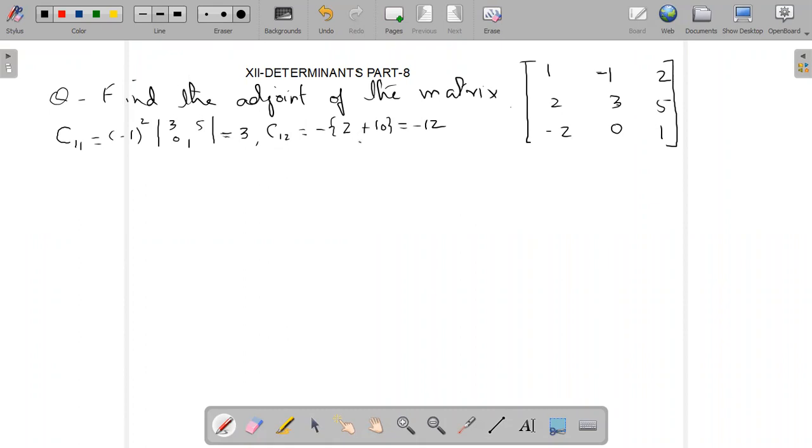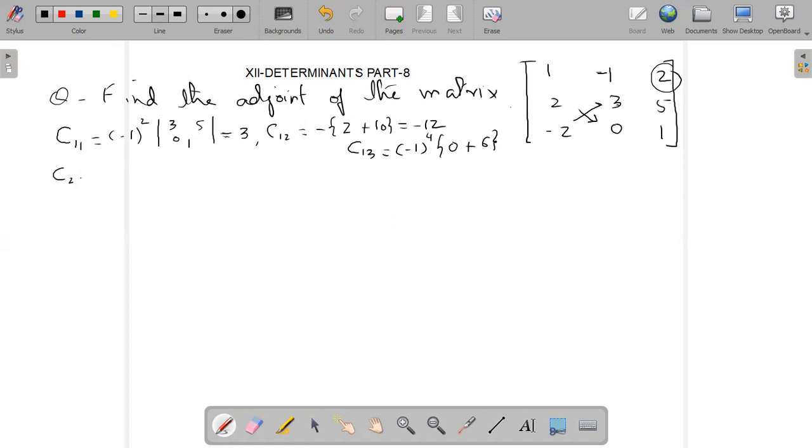Similarly C13. This row and this column are deleted. Minus 1 raised to power 4 means positive. 2 into 0 is 0, then minus, and this minus becomes plus, 2 threes are 6.